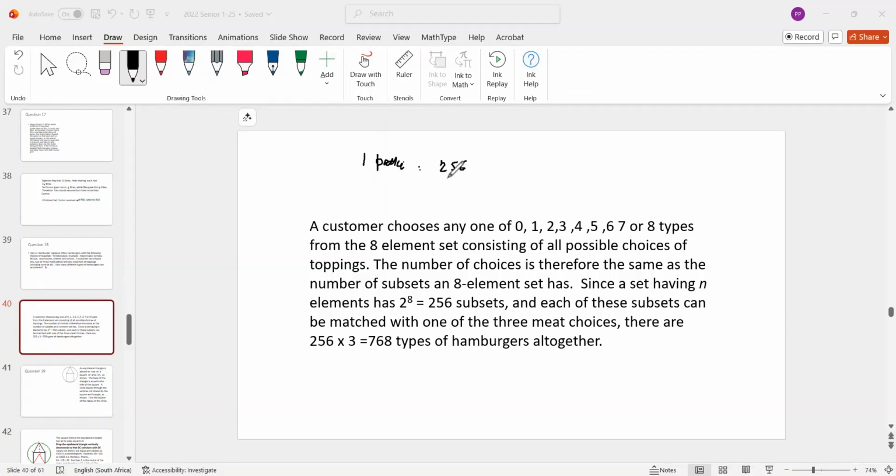For each of those patties, you've got 256 possibilities. So therefore, altogether, you have 3 times that. So that's how you get 768 types of hamburgers altogether. All right.